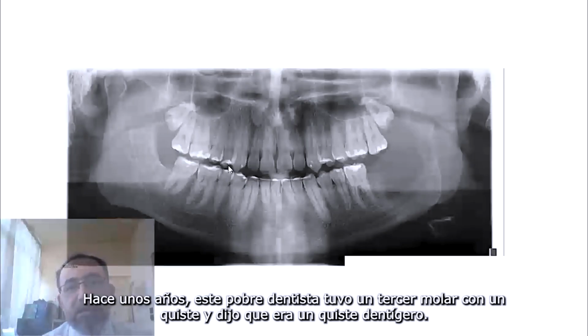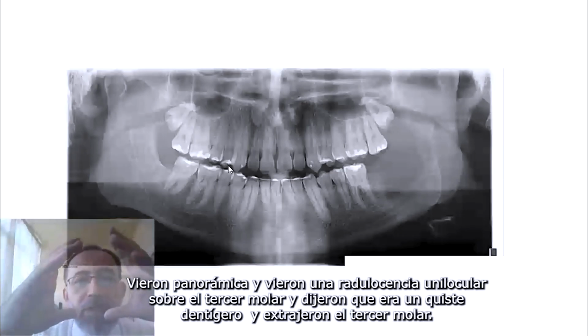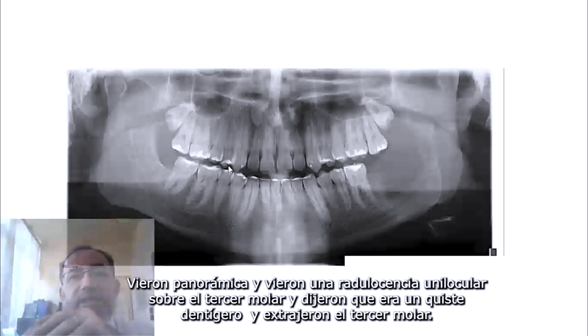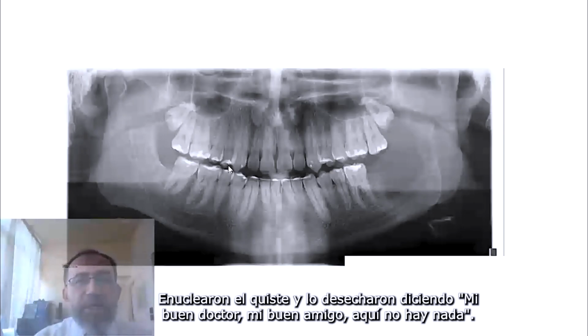This poor dentist a few years ago had a third molar with a cyst on it. Who says it's a cyst? They saw the panorama and they saw unilocular radiolucency over the third molar, and they said that's a dentigerous cyst, and they extracted the third molar, enucleated the dentigerous cyst, sent it to the trash, saying, good doctor, good friend, there is nothing here.